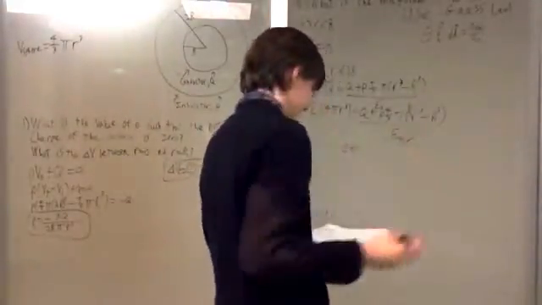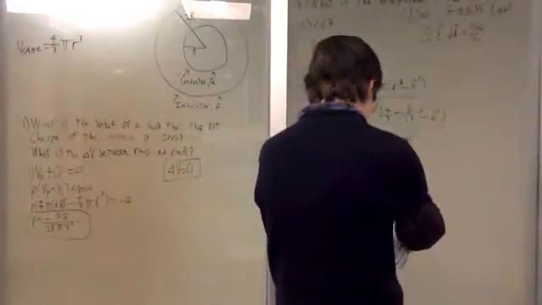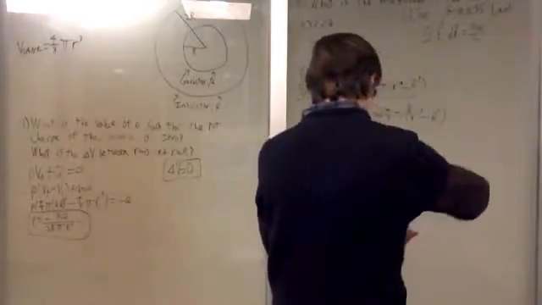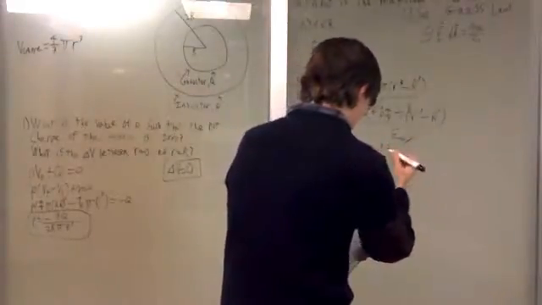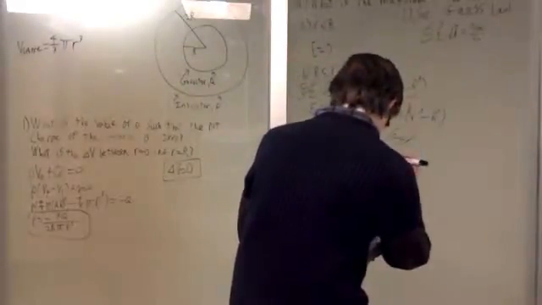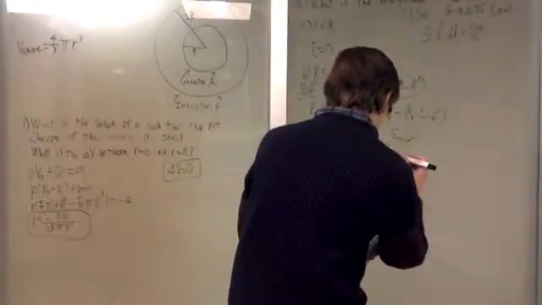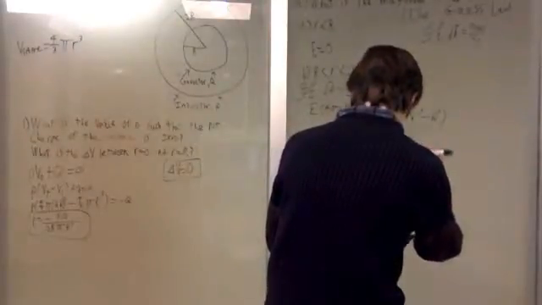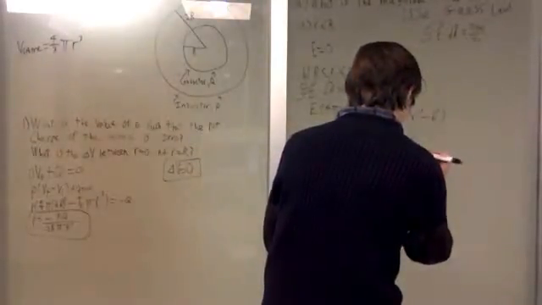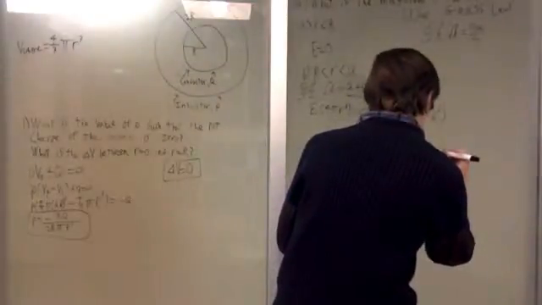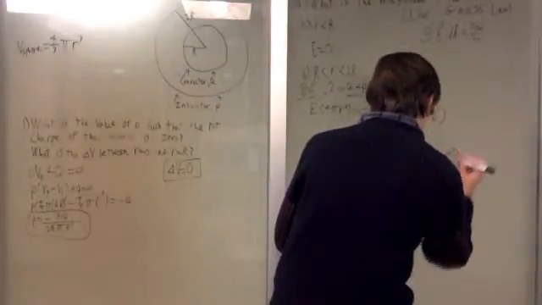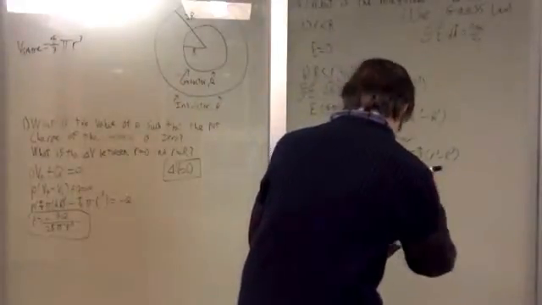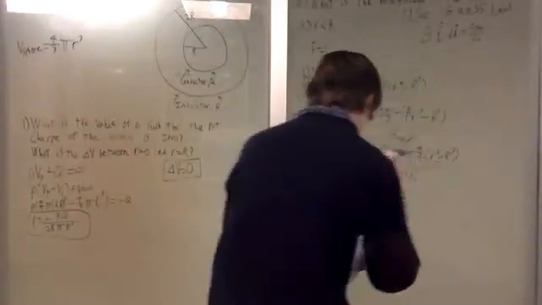E equals Q plus minus 3Q over 28 pi big R cubed times 4/3 pi, little r cubed minus big R cubed, all of this over 4 pi r squared epsilon naught.